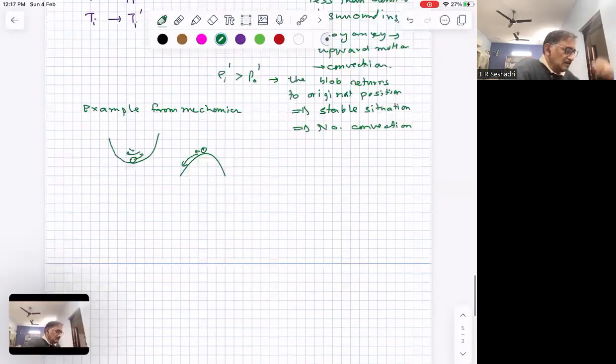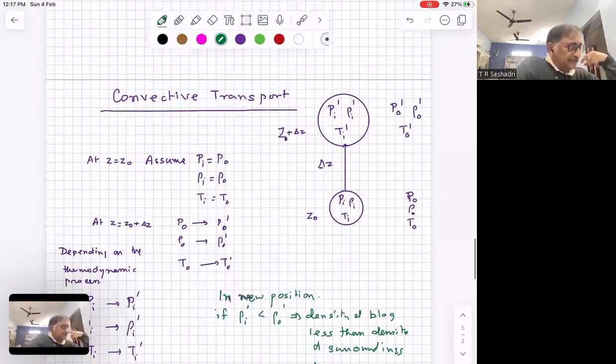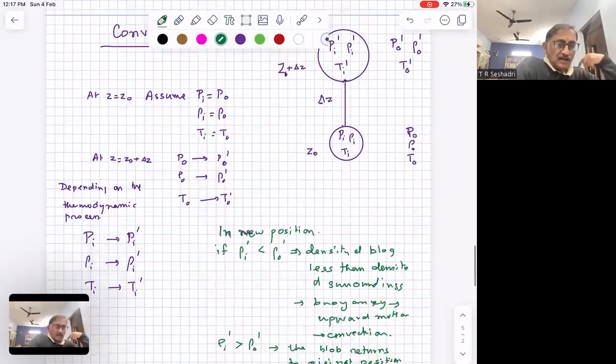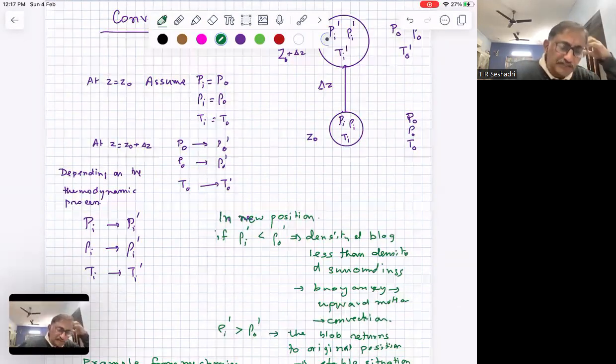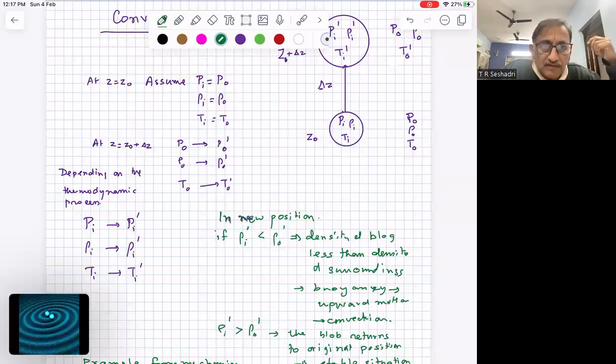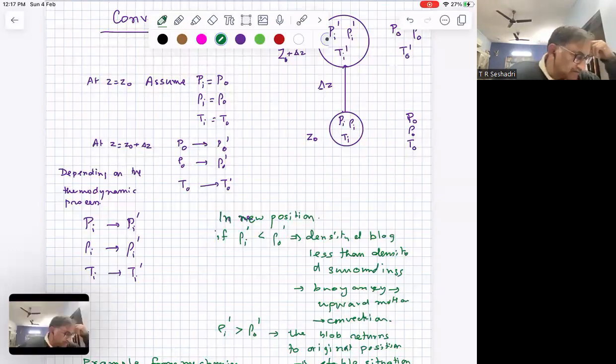Now, before we proceed, we need to study some time scales. The perturbation is given by changing its altitude, whether up or down.